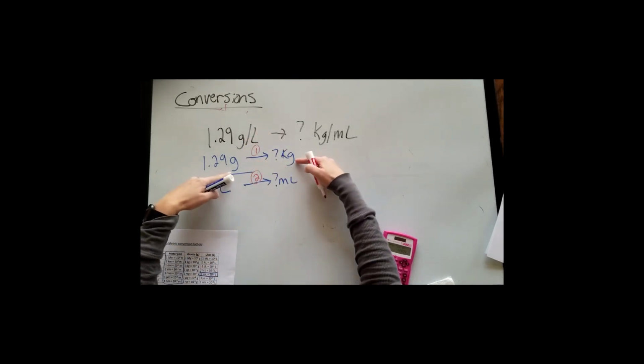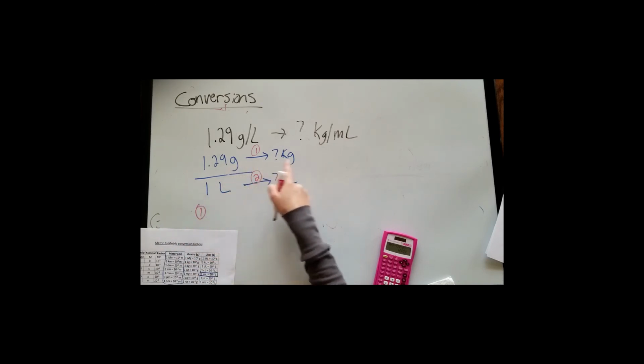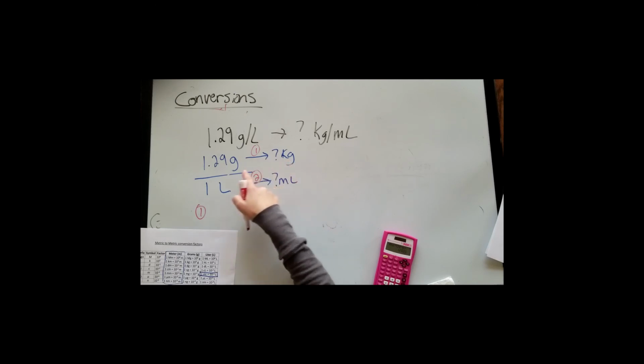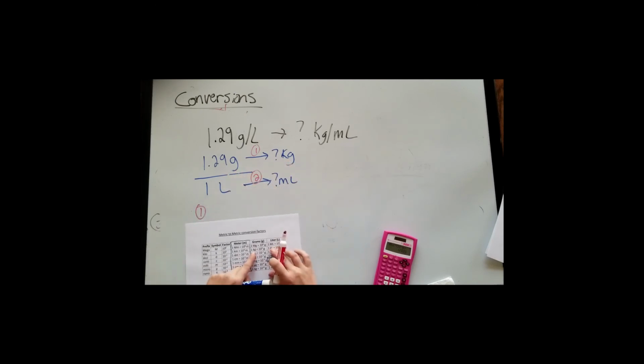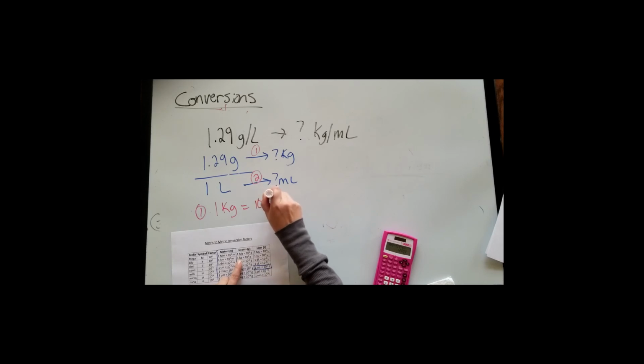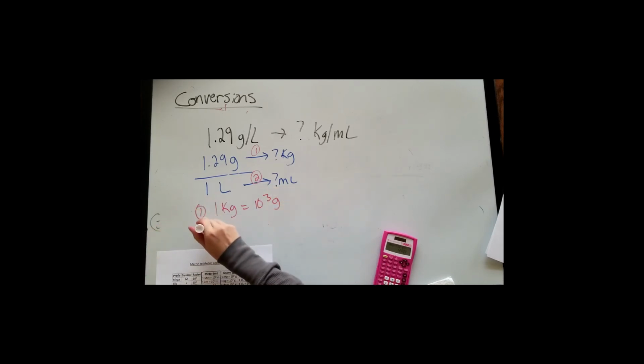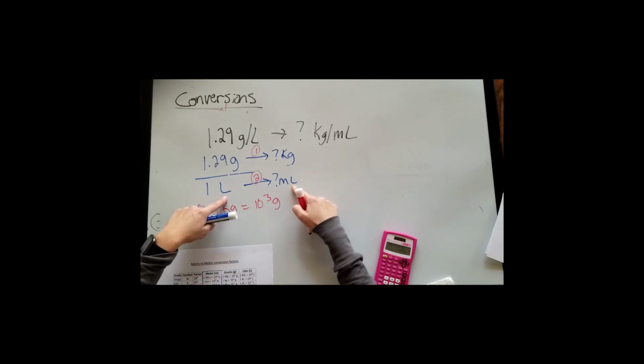So my first conversion factor that I want to find, it is metric to metric, going between kilograms and grams. So I'm going to go to the grams section, find where my kilo prefix is, and the conversion factor I have for that is 1 kilogram is equal to 10 to the 3rd grams. The bottom conversion, liters to milliliters.